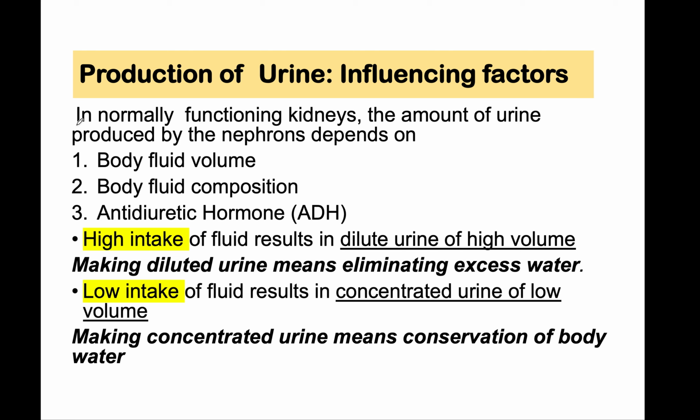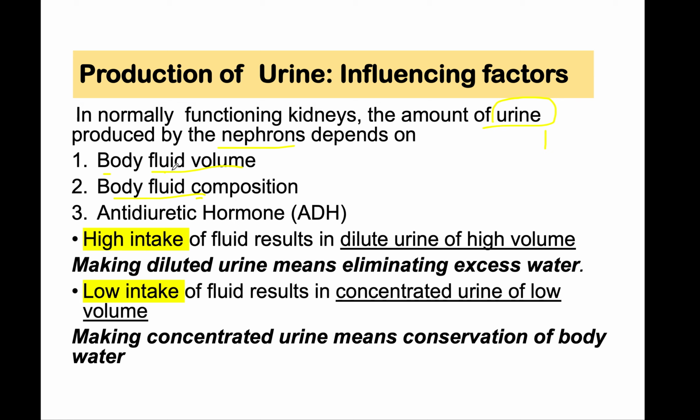So in healthy individuals, when the kidneys are functioning normally, the urine output, which is from 1 liter to 1.8 liters, depends on the fluid volume in the body, the composition of that fluid, the osmolarity, and also the amount of the antidiuretic hormone.